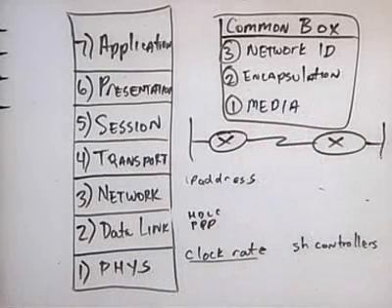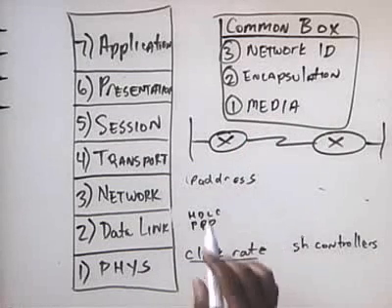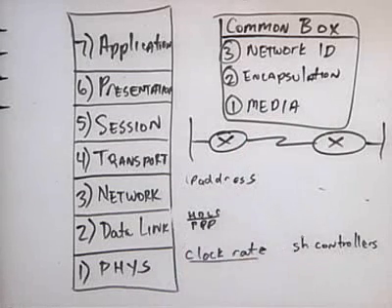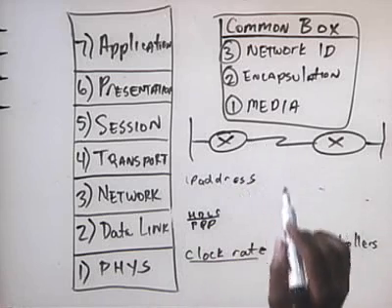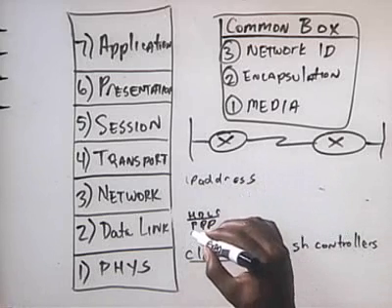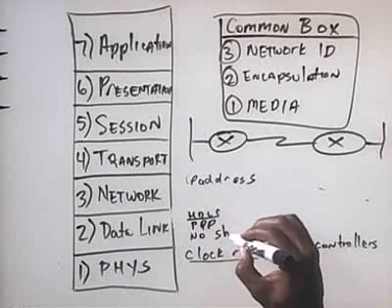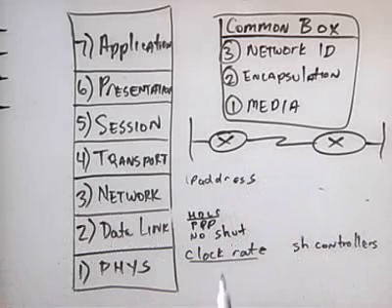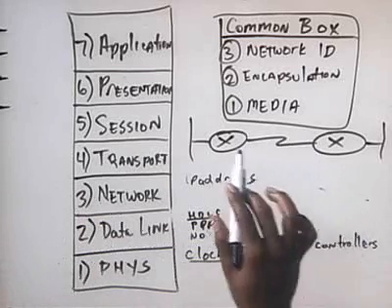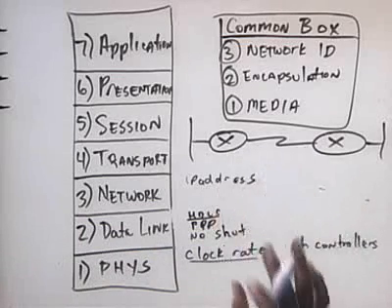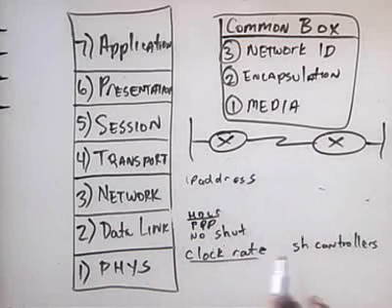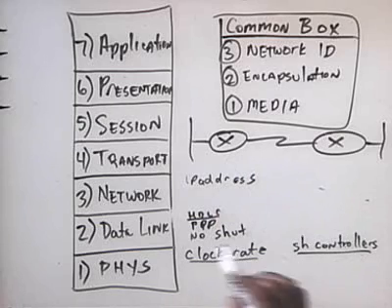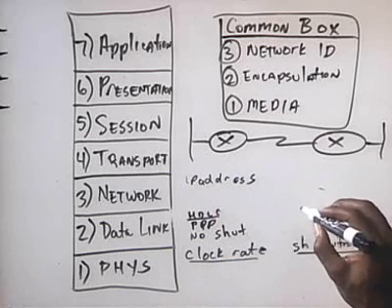At layer 2, as we mentioned, the encapsulation must be the same. By default, it's HDLC. But also, you have to be sure that we issue the no shutdown command on the interface to enable the interface. If the interface is not enabled, you will not have communication at layer 2. So layer 1, show controllers, and then layer 2, you can do a show run.